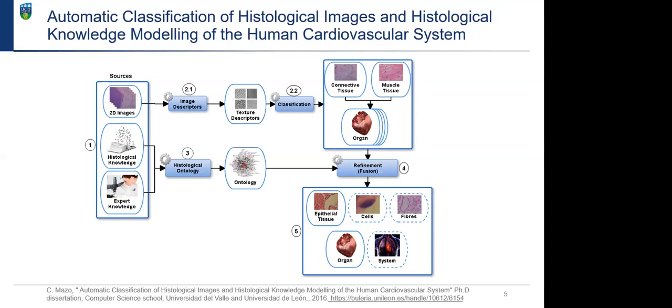But we also had histological knowledge and expert knowledge. So this work is about how to use different types of resources in the same way to obtain more complete and accurate knowledge.